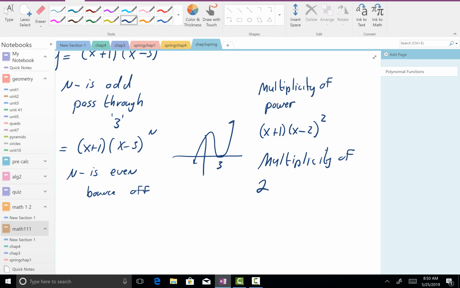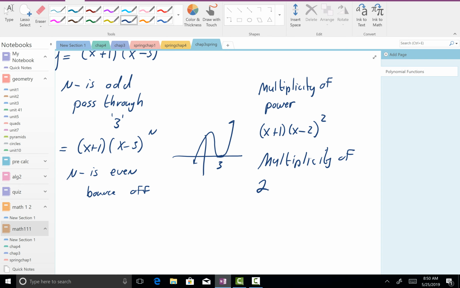Well, you could have a graph like this in general form. However, you wouldn't really be able to figure out by looking at it what the multiplicity is.